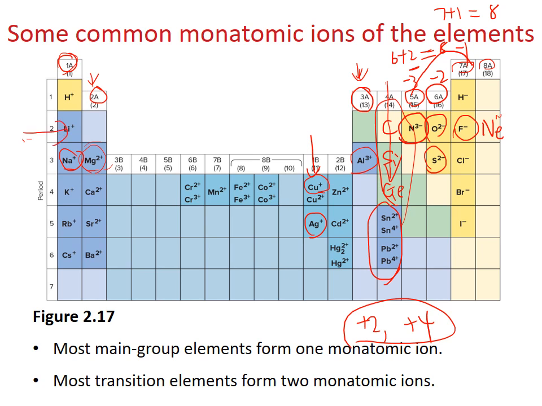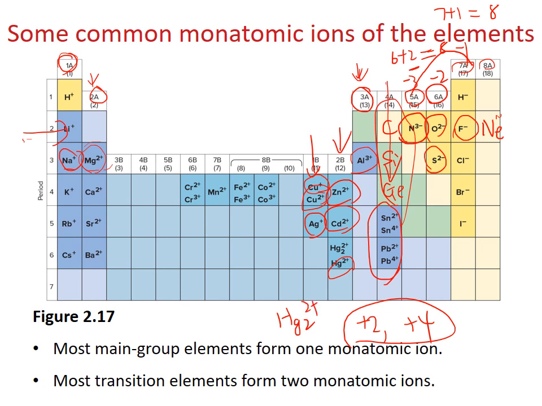Here also 1+, but sometimes they have variable charge. For example, copper can also be 2+. Now group 2, 2B, zinc only 2+. All right, cadmium only 2+, mercury 2+, but also can be 1+, and it has to be combined together. So 2 mercury together 2+, each one is 1+.